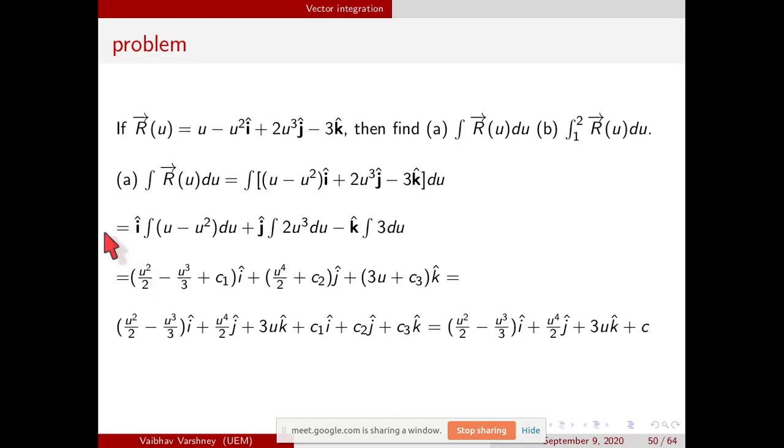Sir, wait for one or two minutes. Yes, definitely. Sir, you have taken i cap common in u minus u square, but in the question there is no i cap in u. It's with both. I forgot to put the bracket.